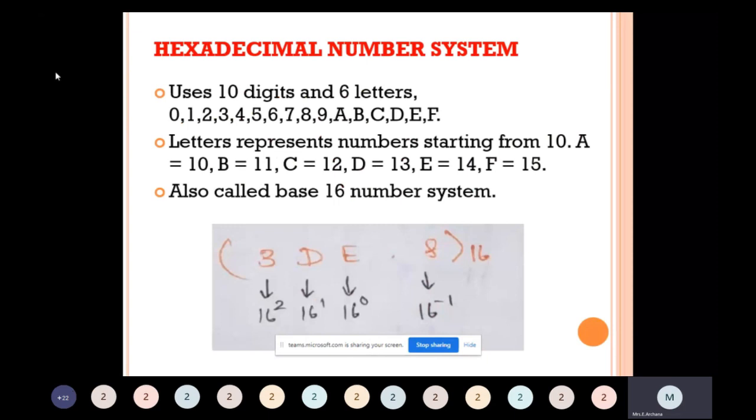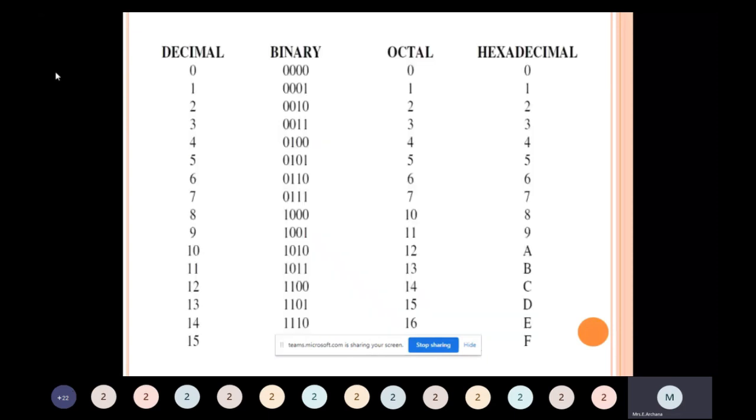For the fractional part, we have to start from the MSB, so 8 into 16 power minus 1. Like this, we have to evaluate these hexadecimal numbers. So this is for binary.